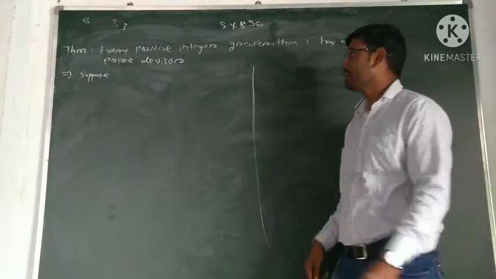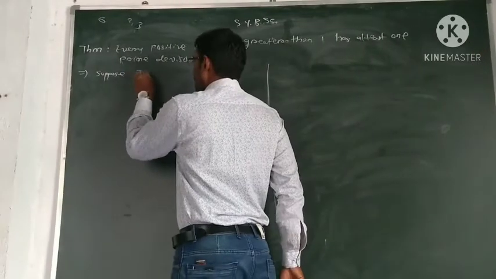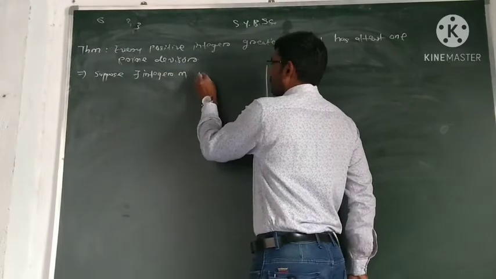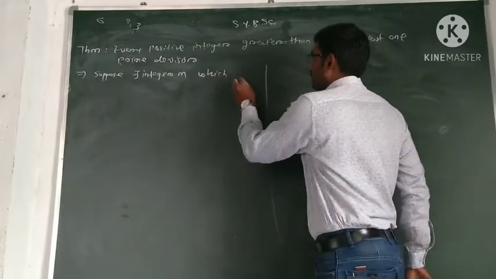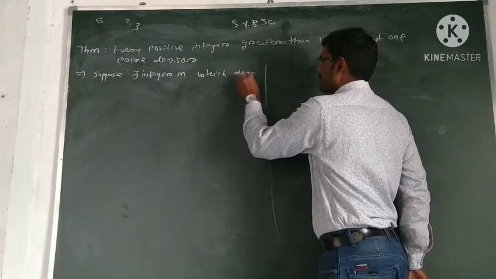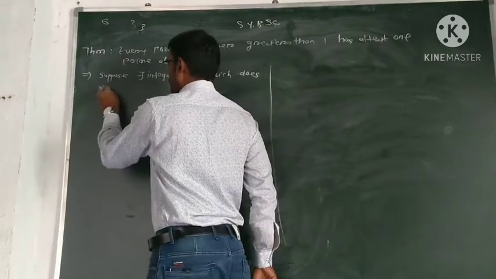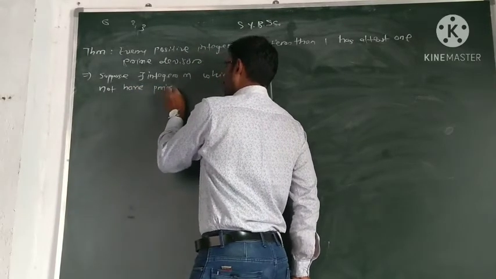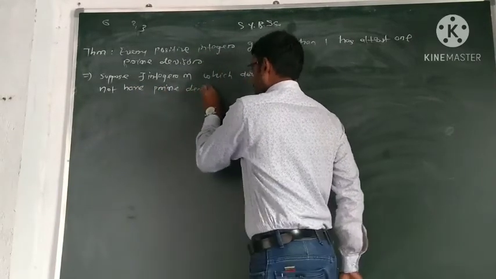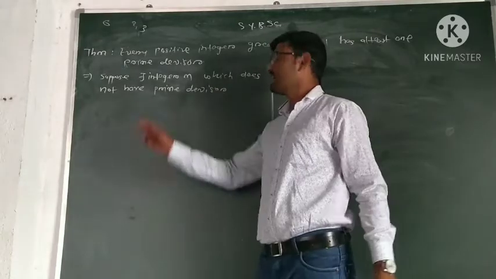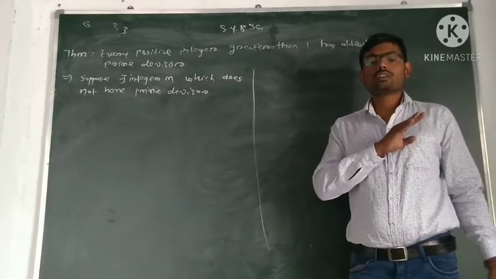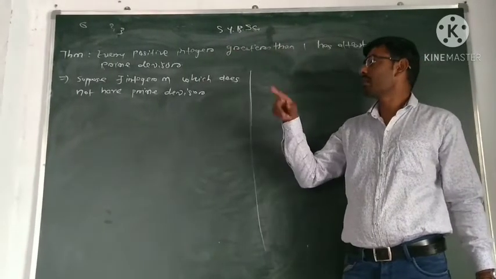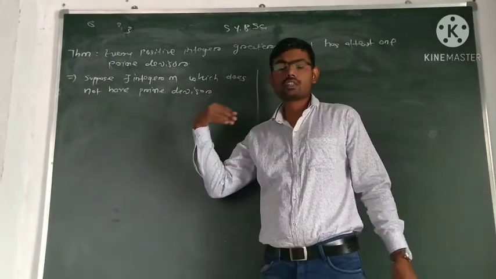We will assume that there exists an integer m which does not have a prime divisor. We are assuming that there is some integer m which doesn't have a prime divisor.